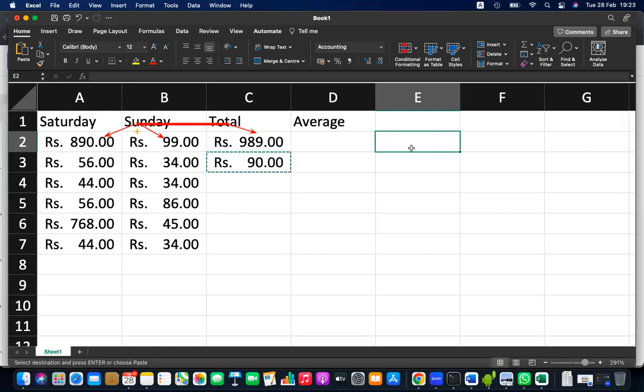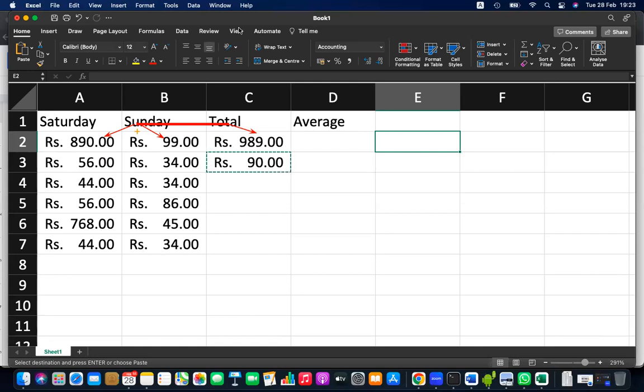Yes. If I copy this to E2, so think like this.